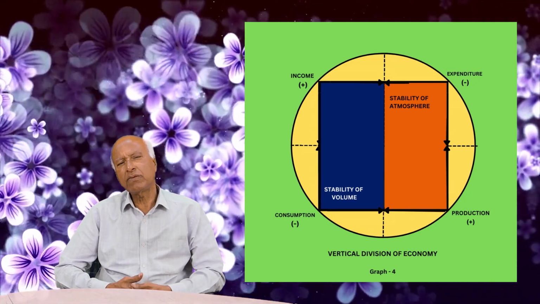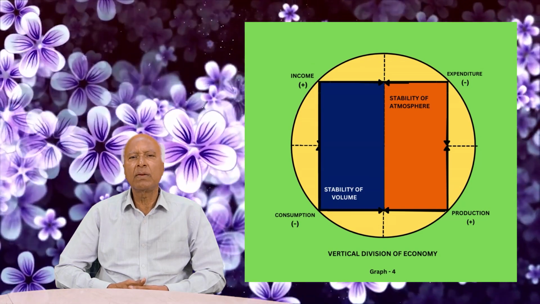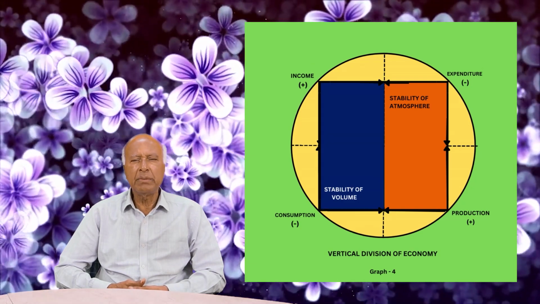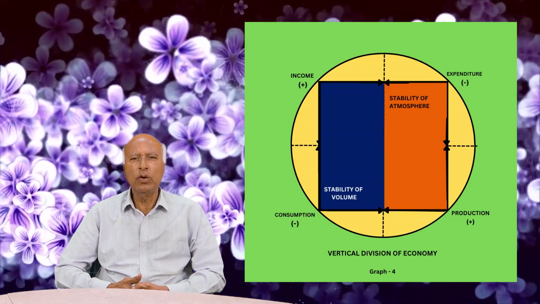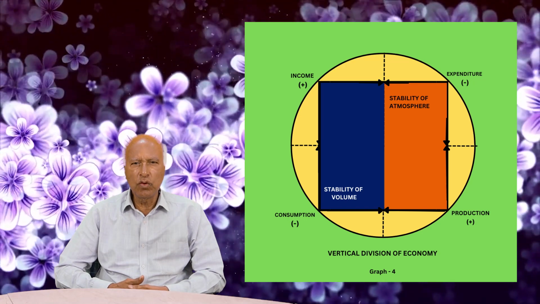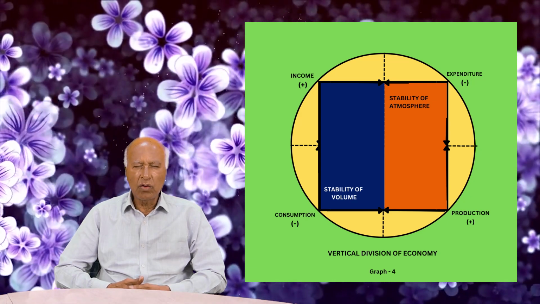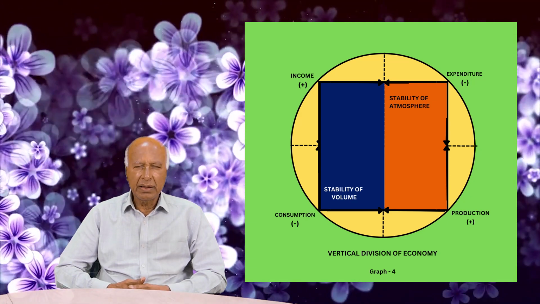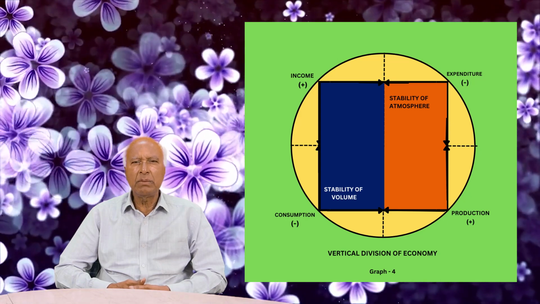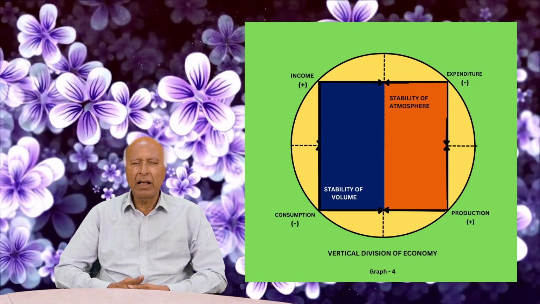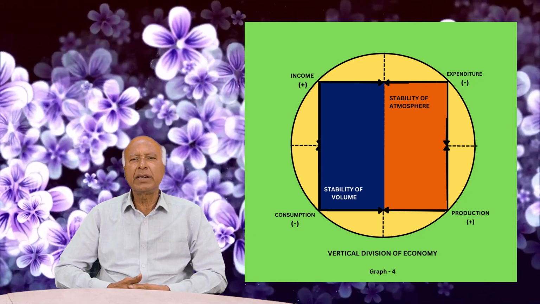The left hand side rectangle will denote the stability of demand volume. Demand consists of two basic factors: the level of consumption, and how the consumption is being purchased. The income available to people living in the economy is applied for consumption, so there is a constant interaction.